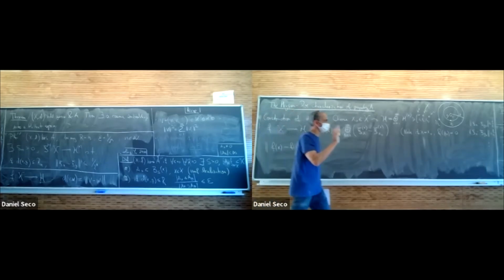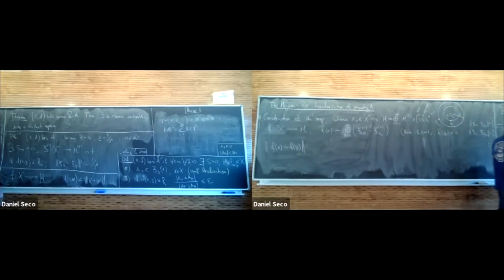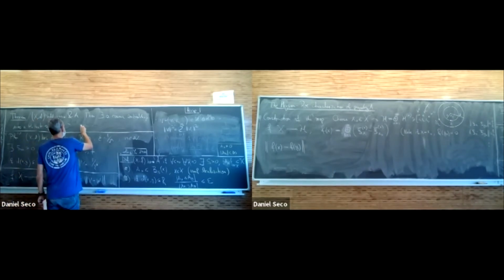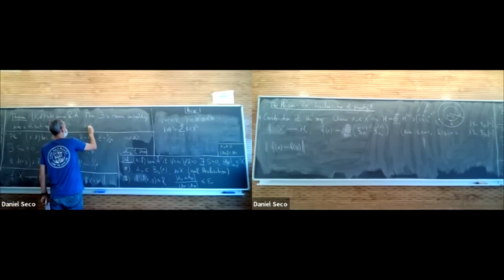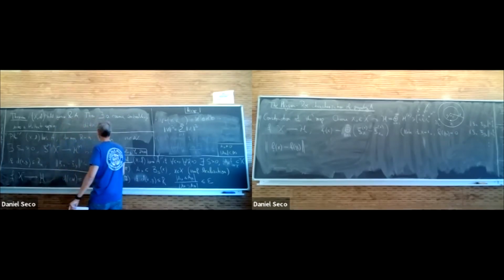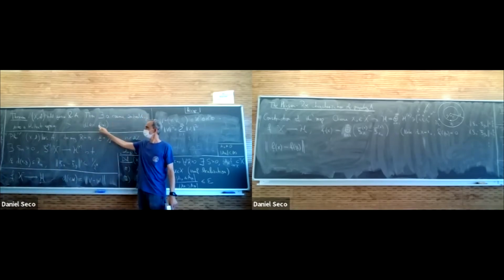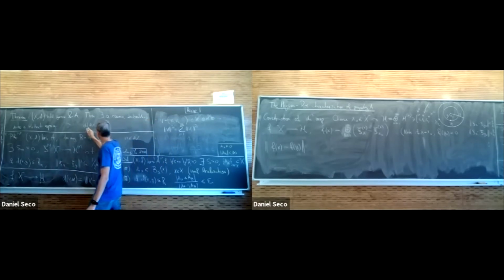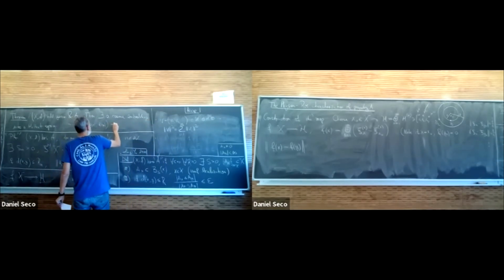Remember again my definition of quasi-isometry. I have to be able to bound above and below this number. In a Hilbert space, the metric is this one here.